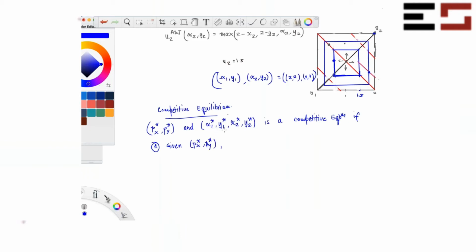consumer one maximizes his utility at x1 star, y1 star, holding x2 star, y2 star as fixed. Basically, x1 star, y1 star is the best response demand of consumer one to consumer two's choice x2 star, y2 star. So x1 star, y1 star solves: maximize with respect to x1, y1 u1 of x1, y1, x2 star, y2 star.